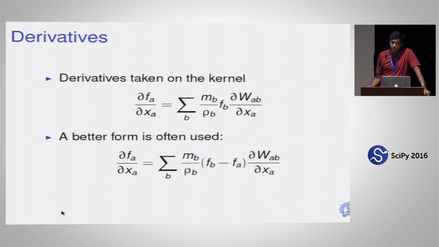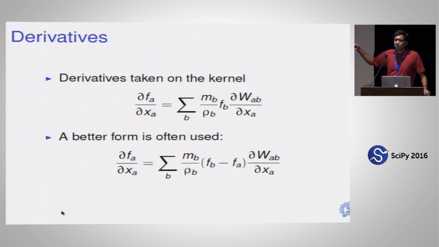Now the nice thing is, if you want to take a derivative, you transfer it to the kernel, which means you can very easily calculate derivatives because your kernel is a nice differentiable function. But this has problems of its own, and people have consistently found that there are better ways to do this, because you have no sense of organization with the particles. The particles are all over the place. So you're not going to get very good accuracy unless you do something special with how you do the derivative.